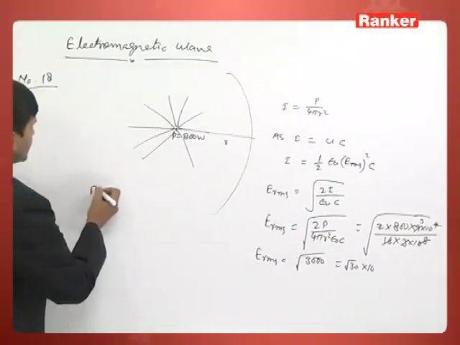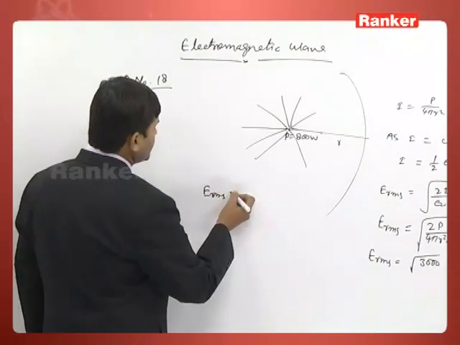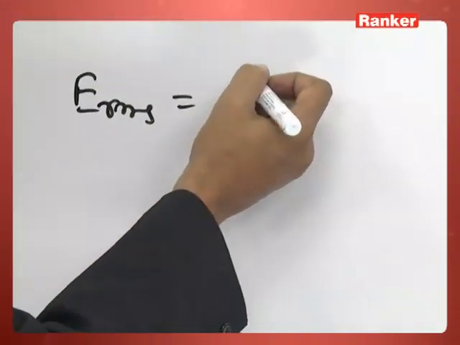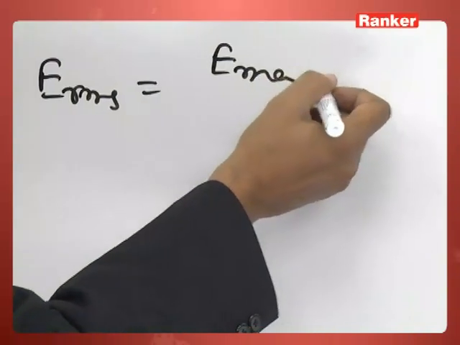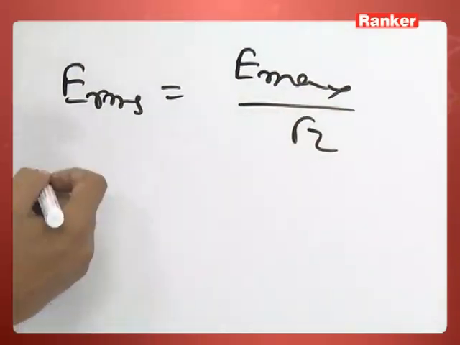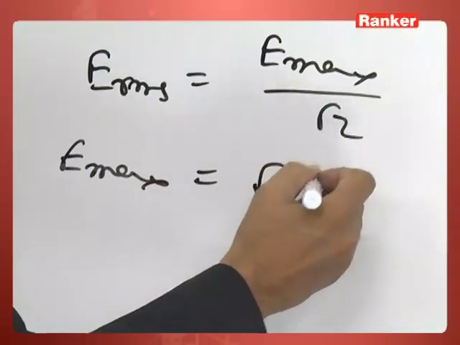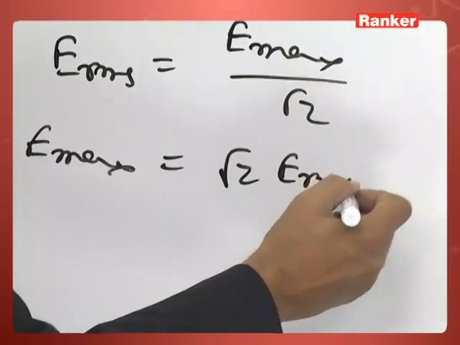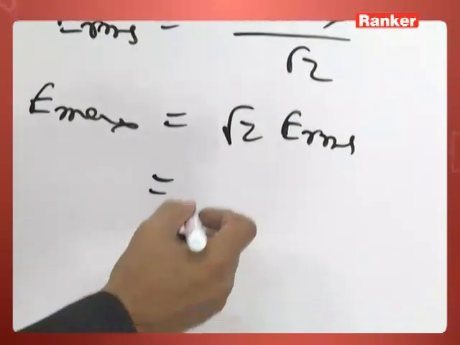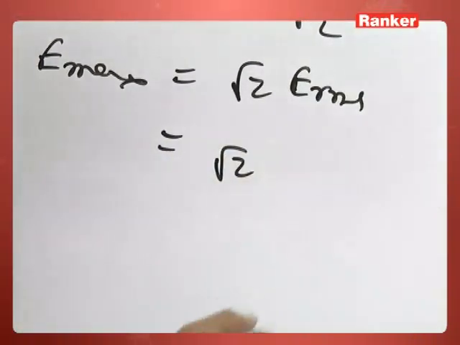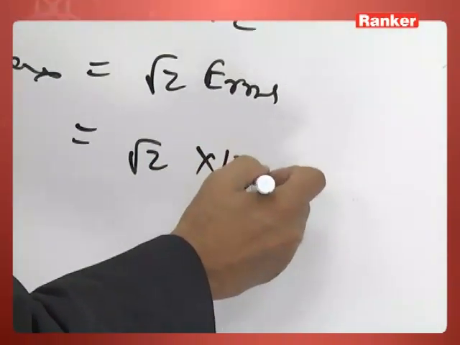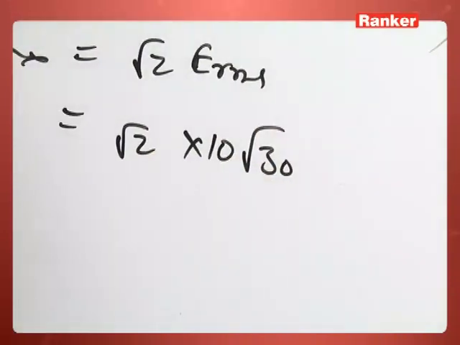Now E RMS is equal to E maximum by root 2. So E maximum is equal to root 2 times E RMS. The root 2 value is root 2 and E RMS is 10 root 30.